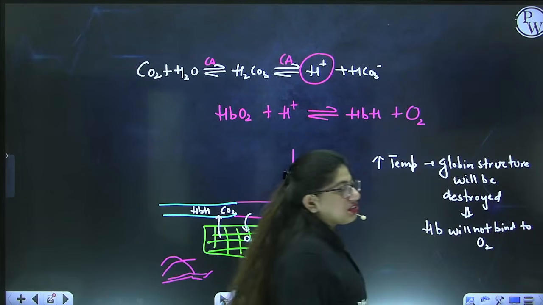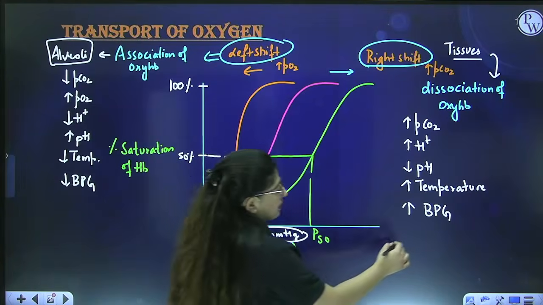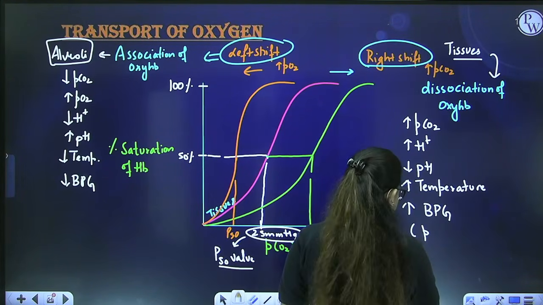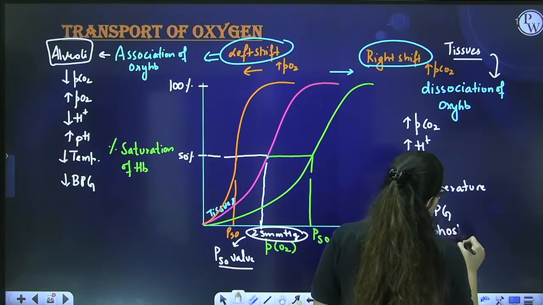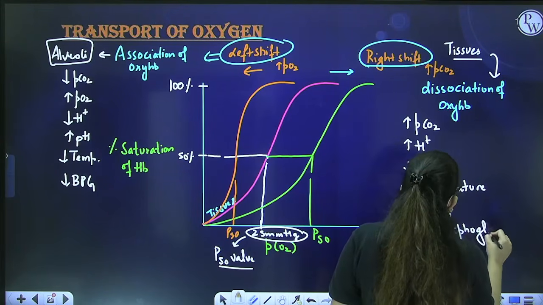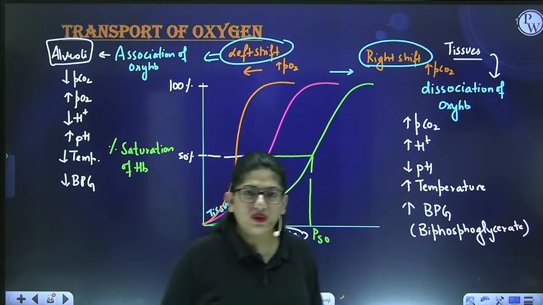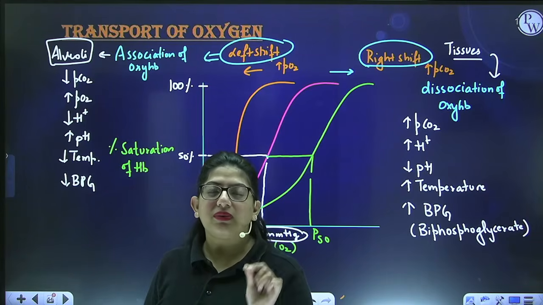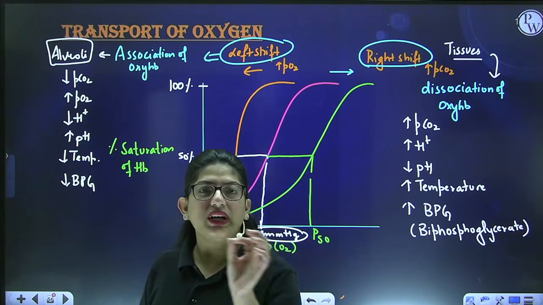Same with the BPG. BPG is biphosphoglycerate, or diphosphoglycerate. This is an intermediate in glycolysis. You know what is glycolysis? Breakdown of glucose. In the middle of that, 2,3 BPG or 2,3 DPG is formed.